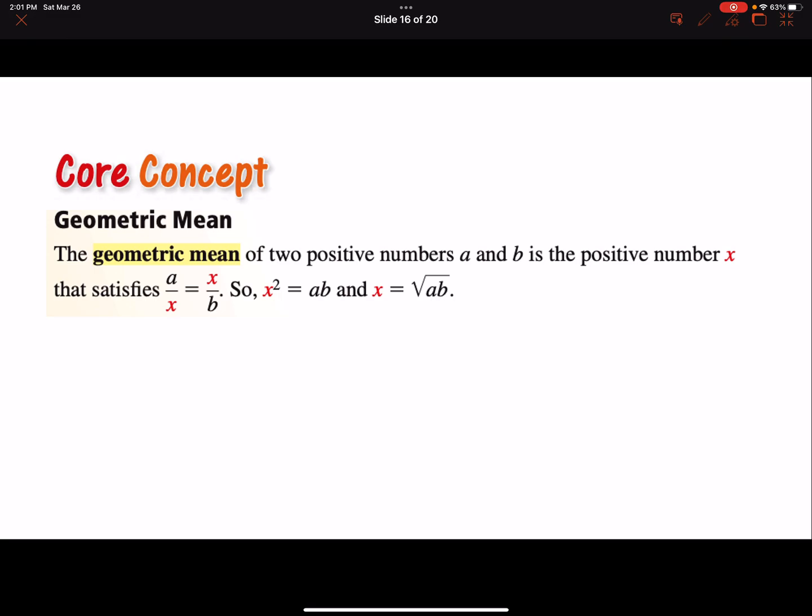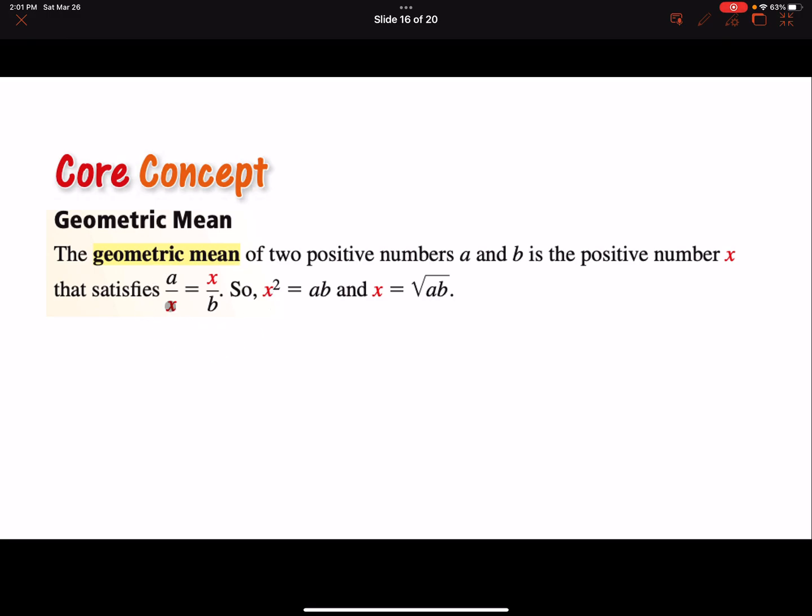Core concept, the geometric mean. Now, don't worry too much about understanding what this is doing by itself, okay? Just know that when you are solving a geometric mean, you're taking two positive numbers, you're going to multiply them together, and they're going to be equivalent to another positive number squared, okay?